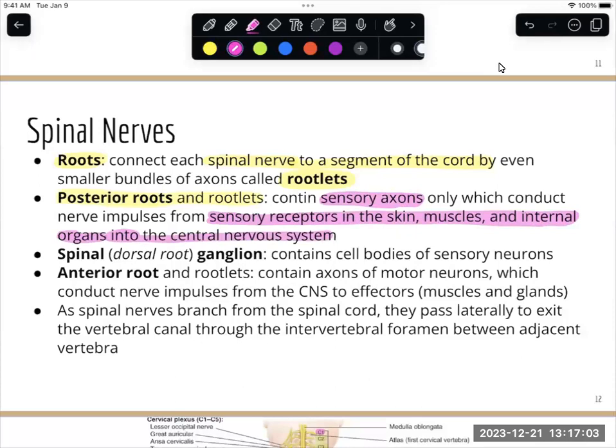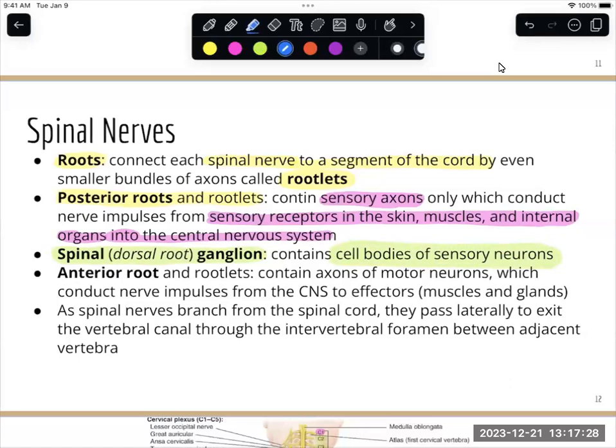As these posterior roots come in, we have a dorsal root ganglion. Dorsal means posterior. So this is the cell bodies of the sensory neurons. Test question.